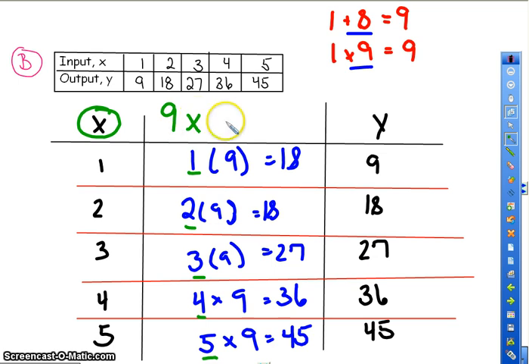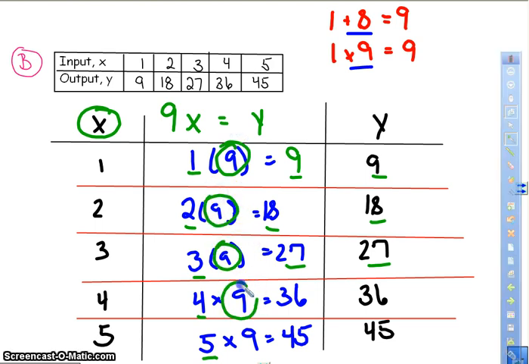So 9 times x is going to equal what? It's going to equal your y value here. Oops, and I put 18 there on accident. That should be a 9. So once again, these are my y values, so it's going to equal y. And the number that stays the same that I'm using every single time is the 9, to my x value to get my y value.